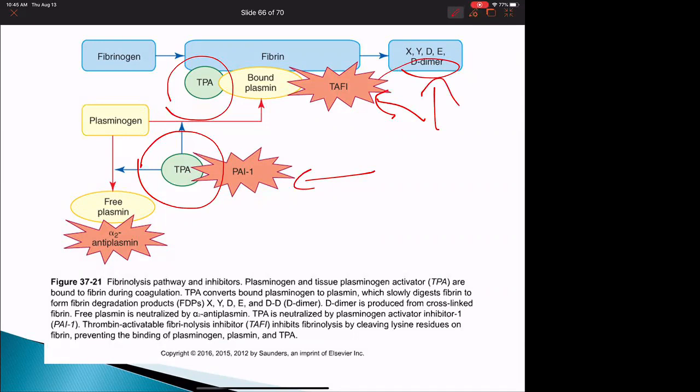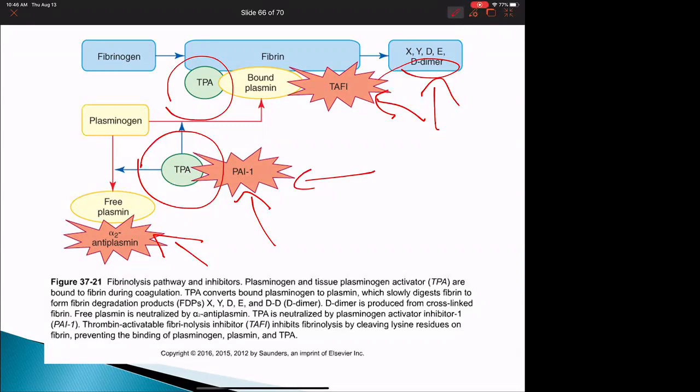Free plasmin is neutralized by alpha-2 antiplasmin, so right over here, okay? So we cannot have free plasmin going around. It has to be neutralized by a regulatory protein. TPA, on the other hand, is neutralized by plasminogen activator inhibitor 1, so right over here, okay?